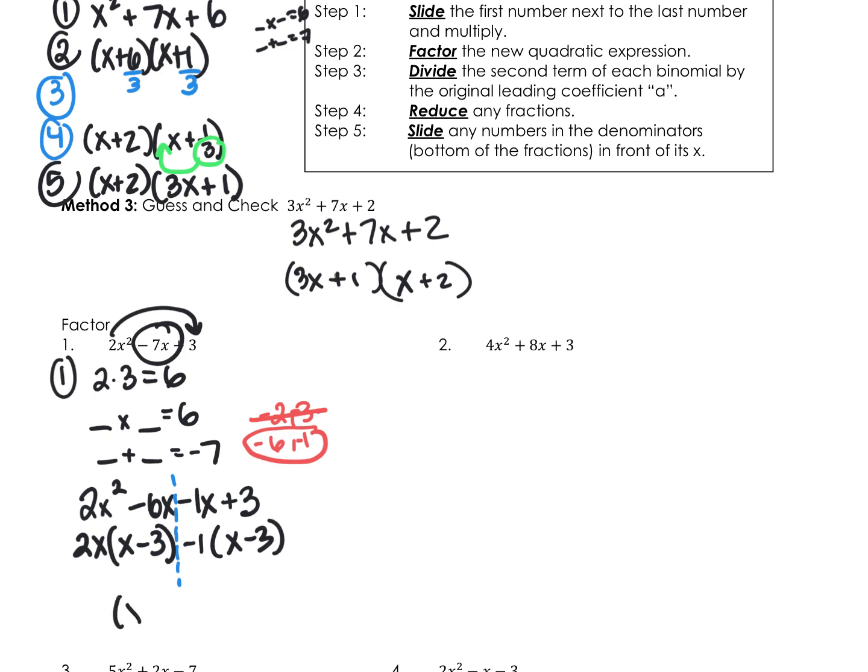Once you have the matching, you see x minus 3 is one of your factors, and then you look for what's left. So you say over here, I'll have a 2x left when I pull out x minus 3. And on the right, I'll have a -1 left when I pull out x minus 3. And so that is what you should end up with as your final answer.